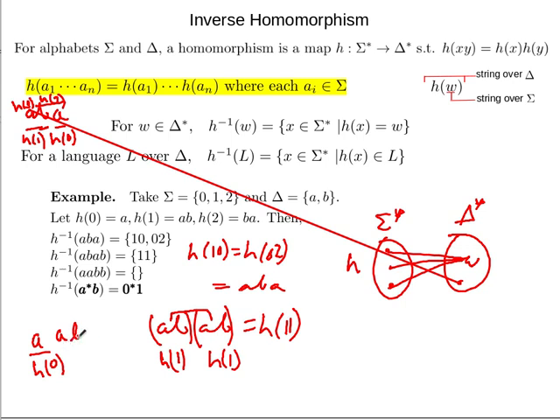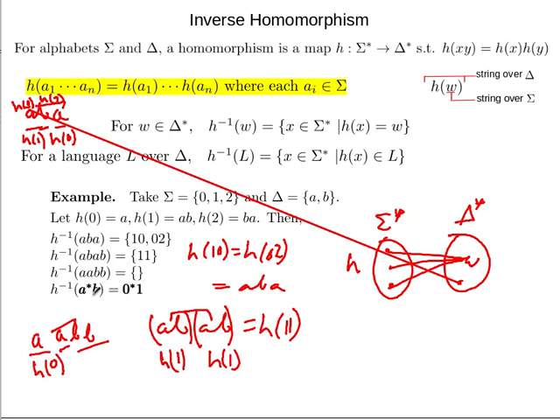But whatever you do, if you just take this to be H0, you cannot match BB. If you take this to be H of 1, then you cannot match B. So you cannot break this up into h of some symbol, h of some symbol, h of some symbol. So this is a string in delta star which is not the image of anything here, right? So that is why the inverse image is just empty.